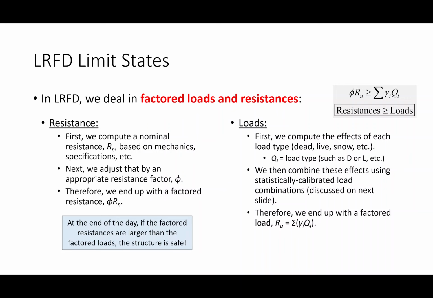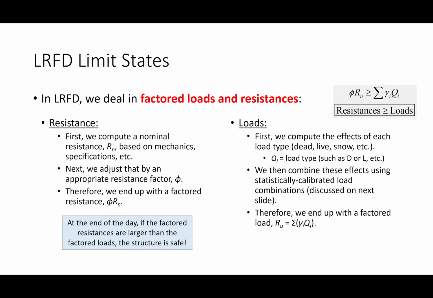Everything else in this slideshow is the greatest hits from the past 10 or 12 lectures. So I just sort of snipped out the slides that I thought were the most important. First off, LRFD, just the basis of LRFD in general. The idea is that when we're looking at strength limit states, we compare factored resistances and factored loads.